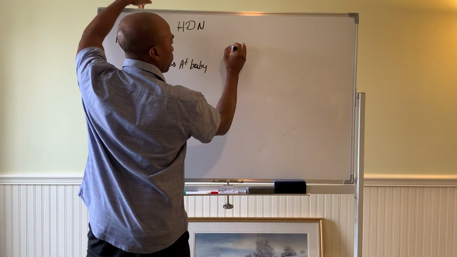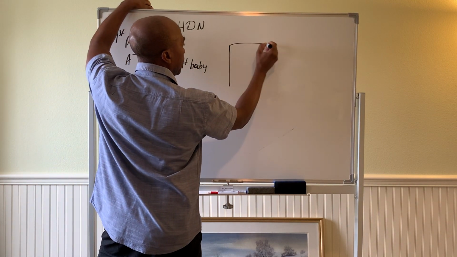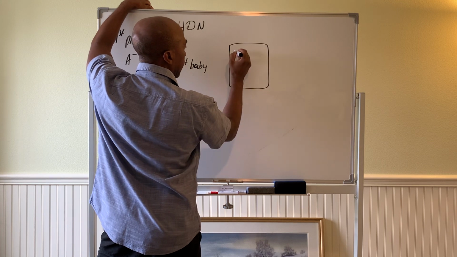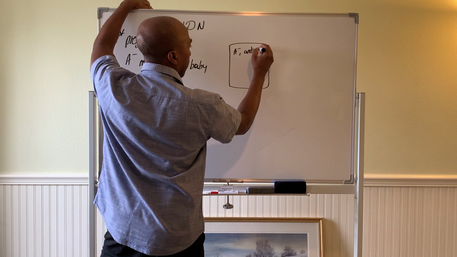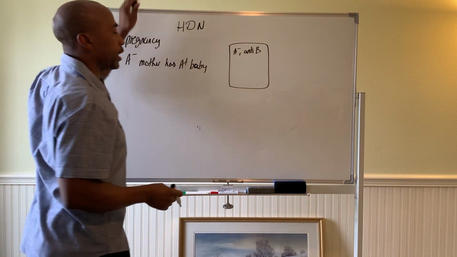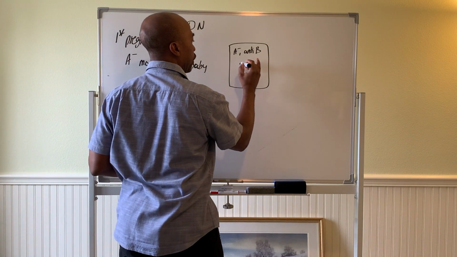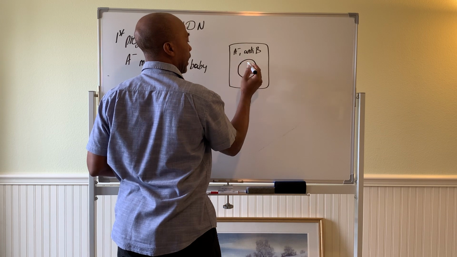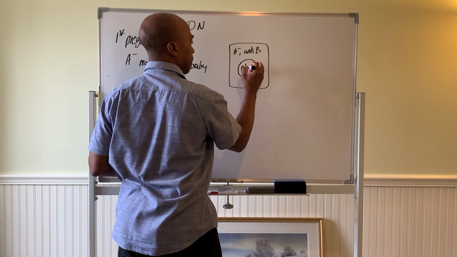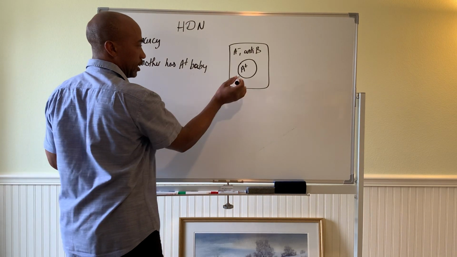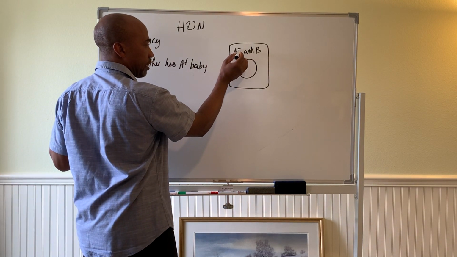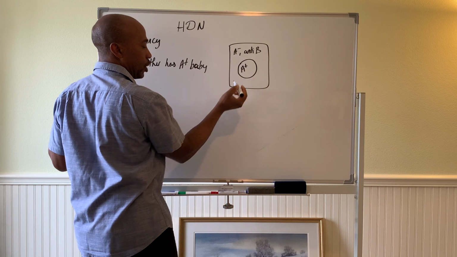So this is the situation here. This is the mother. She's A negative, which means she has anti-B antibodies inside of her blood. She's carrying in her uterus a positive baby. So she doesn't have the RH antigen, but the baby has the RH antigen.